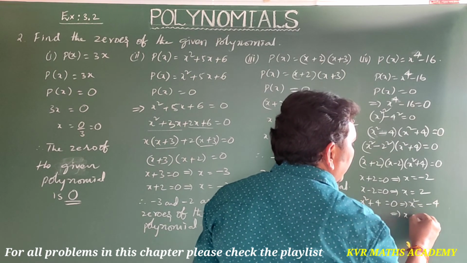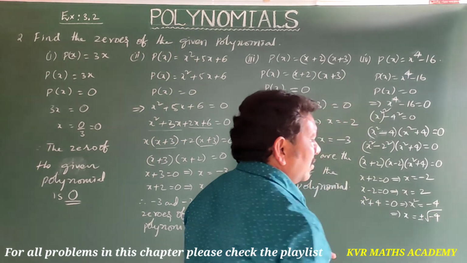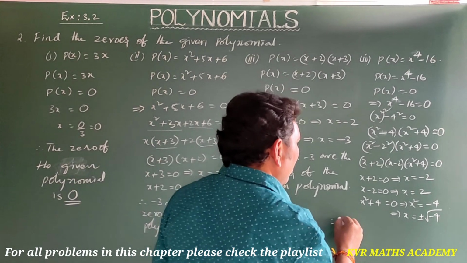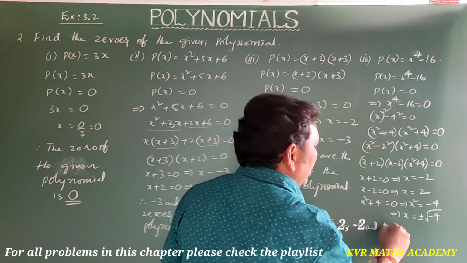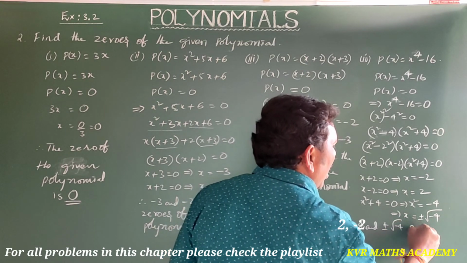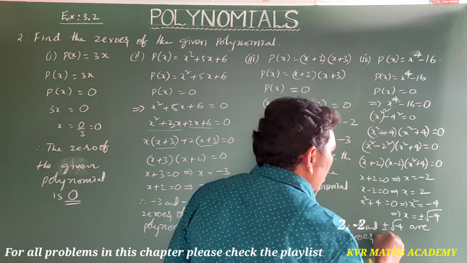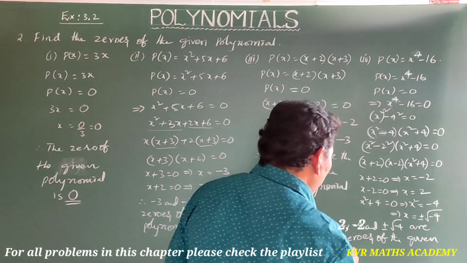So that implies x is equal to plus or minus root of minus 4. Therefore, 2, minus 2 and plus or minus root of minus 4 are the zeros of the given polynomial.